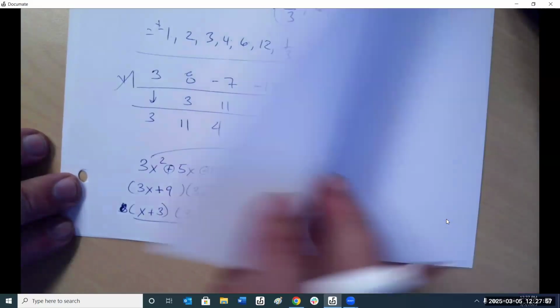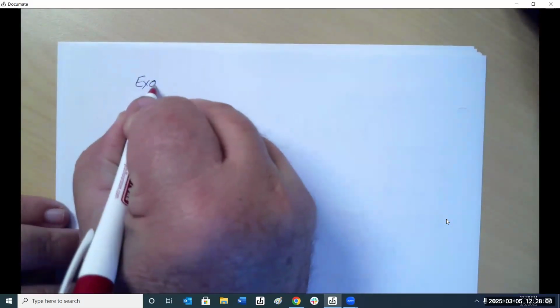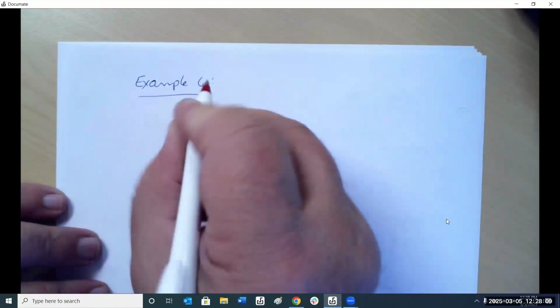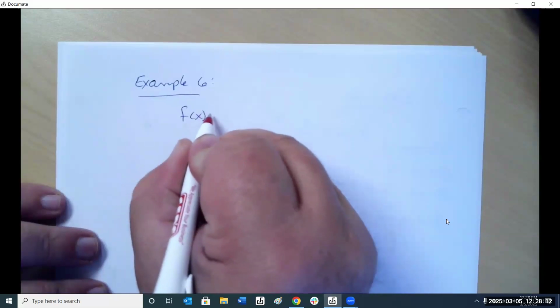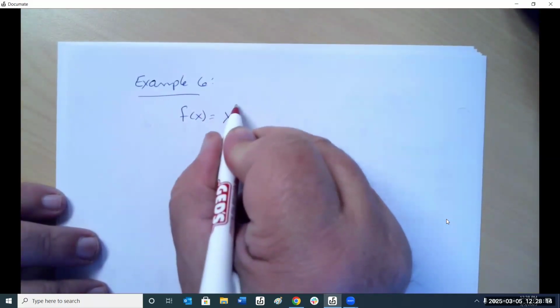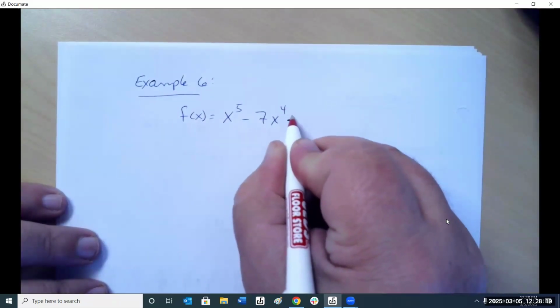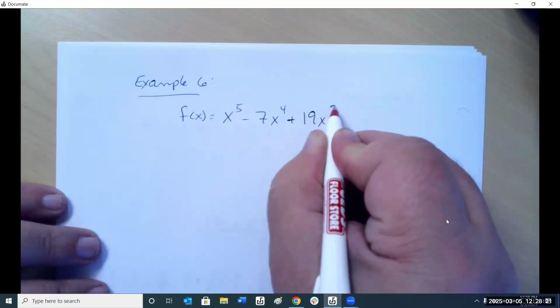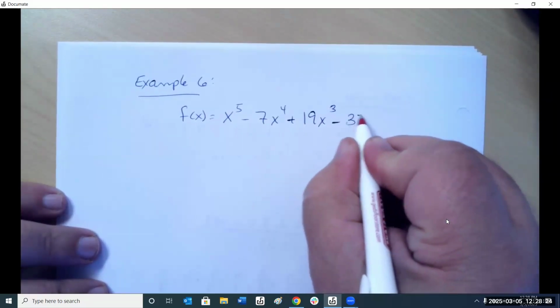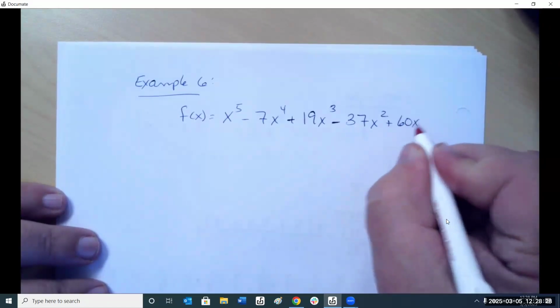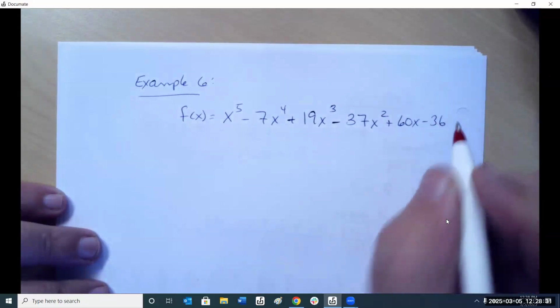It's degree 5. F of x is x to the 5th minus 7x to the 4th plus 19x cubed minus 37x squared plus 60x minus 36.